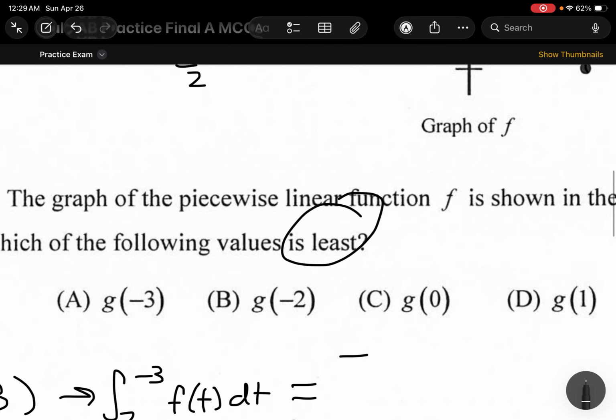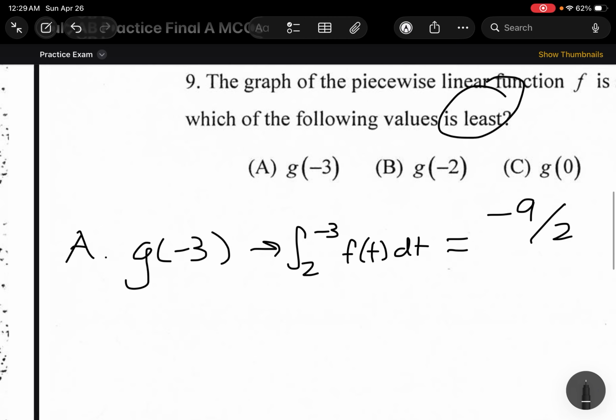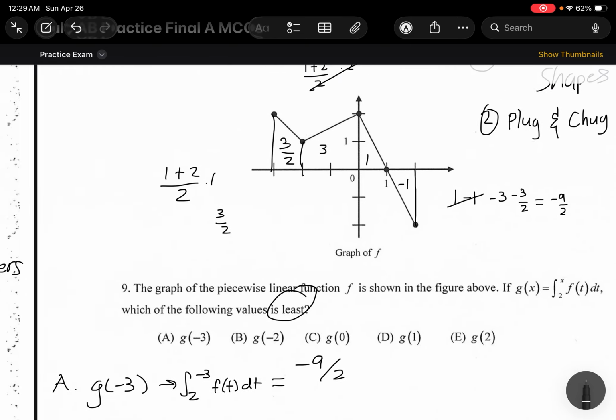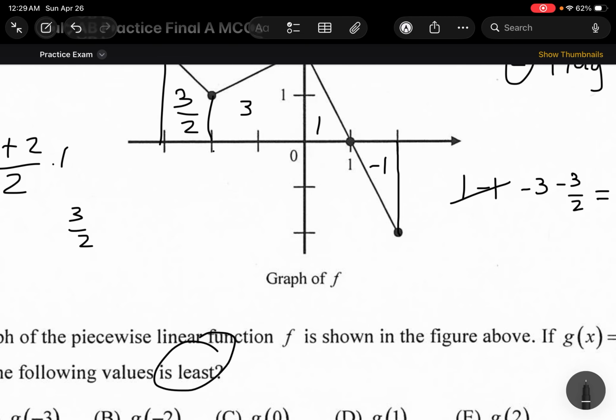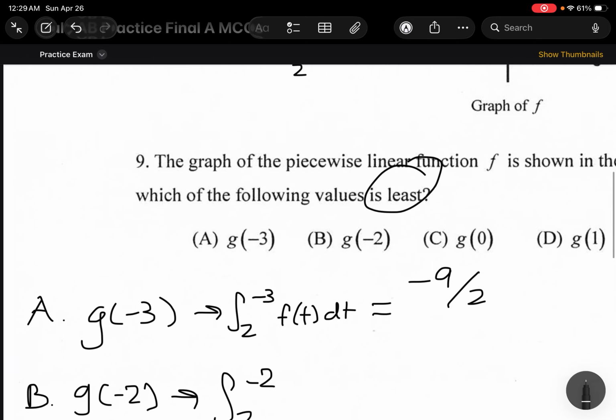And right now, this is a very strong least value, but let's test the other candidates. Let's look at candidate B, g of -2. So it's going to be going from 2 to -2. Basically, it's still going to be the opposite area since we're going backwards. It's going to be 1 minus 1 minus 3. That's going to be -3.